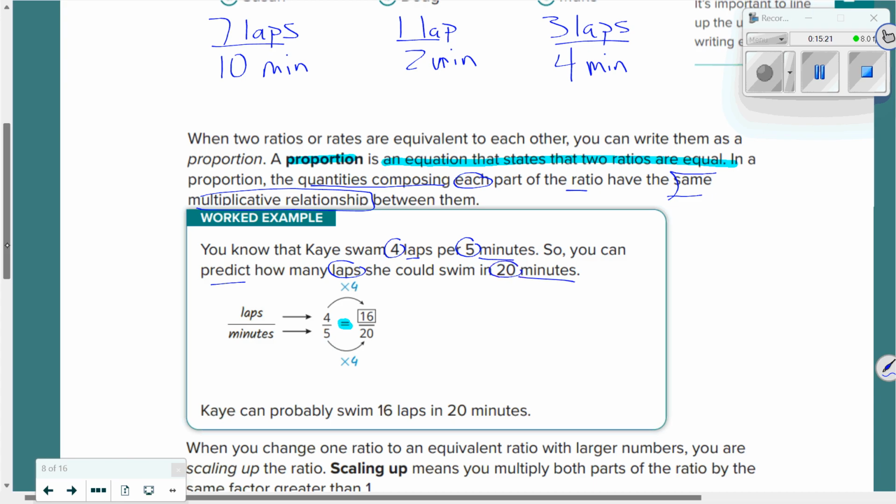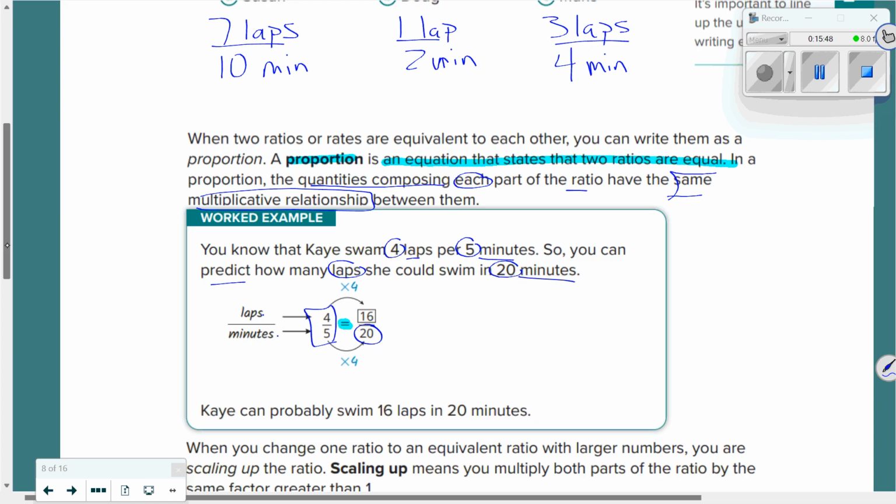I start with what I know, 4 laps in 5 minutes. I know I want to go to 20 minutes. Here's another key, guys. If you've written down your units, it helps you place the last number. Because if I know it's 20 minutes, am I going to put it here with my laps? No. But if I've got my numbers written down, I know the 20 is going to go there, because that's where minutes is.